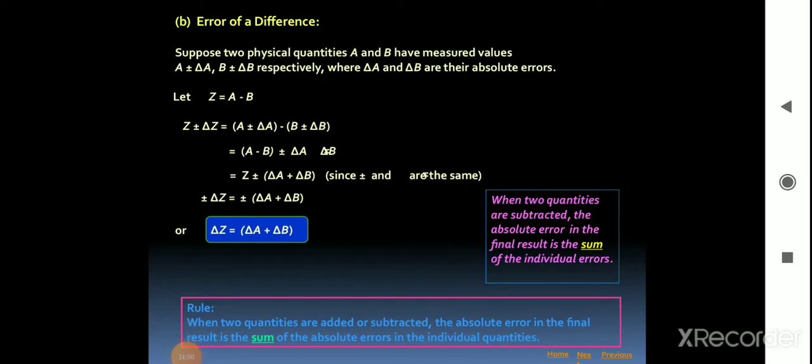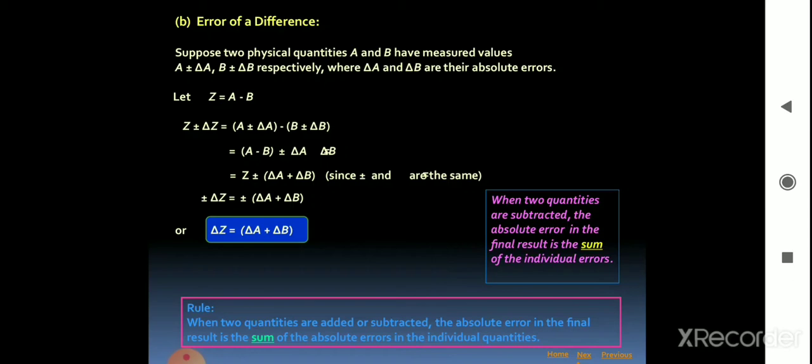Delta Z is equal to delta A plus delta B. When two quantities are subtracted, the absolute error in the final result is the sum of the individual errors. So here also it is a sum of individual errors.